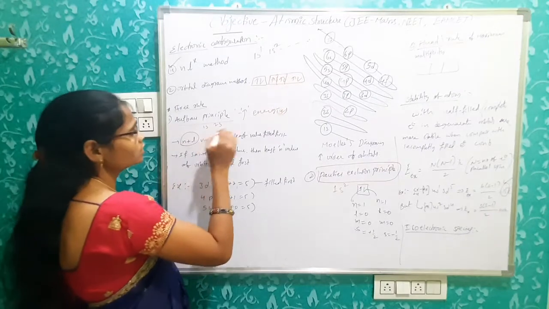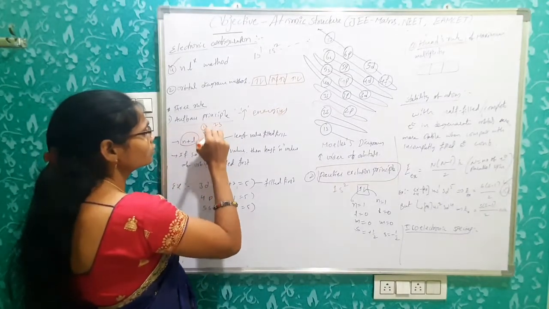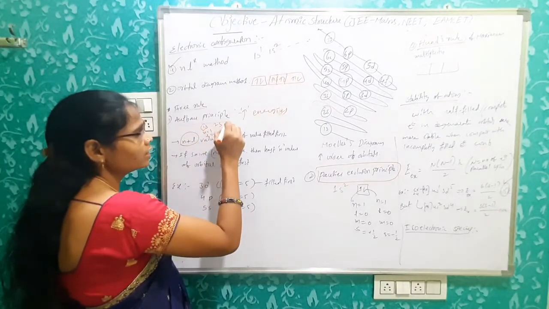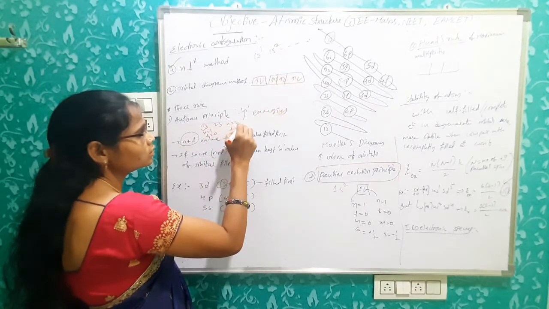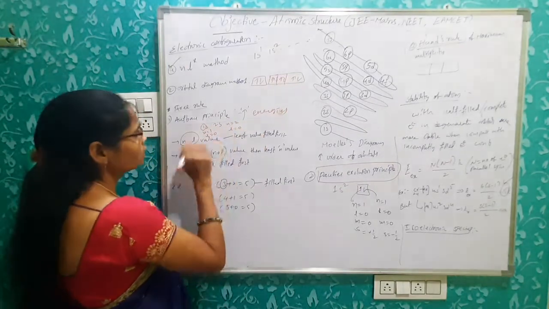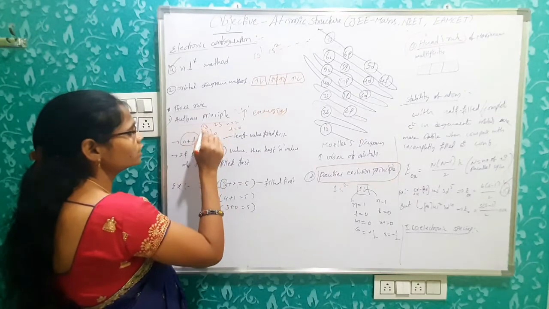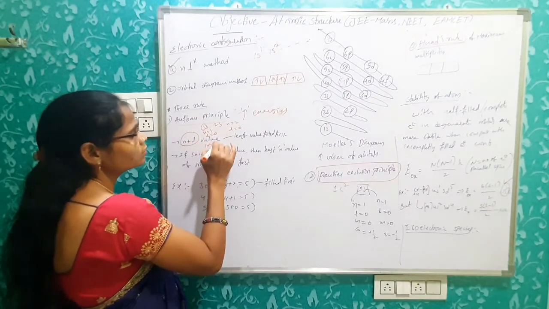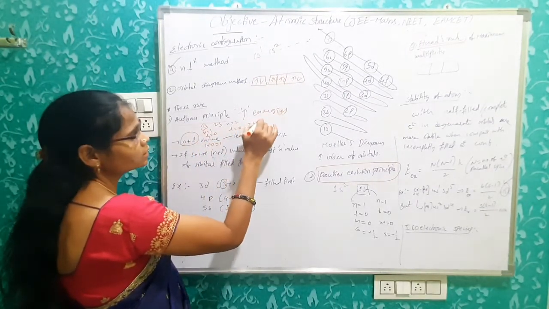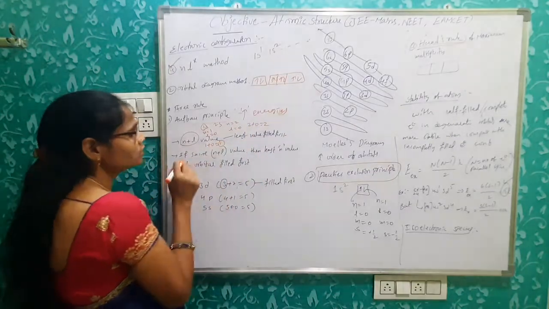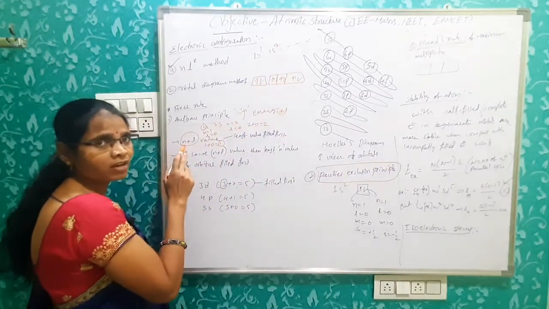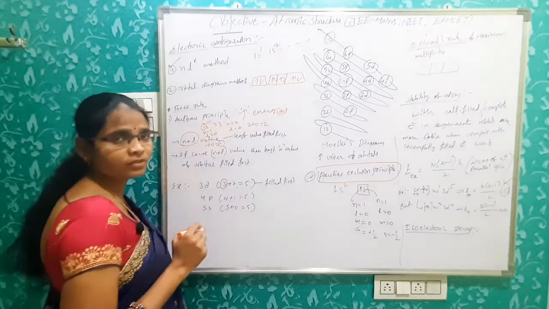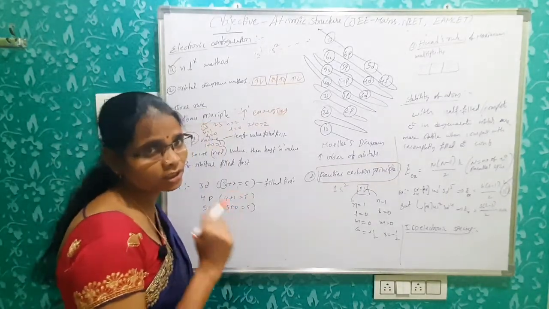Which is filled first? For 1s, n equals 1 and l equals 0. For 2s, n equals 2 and l equals 0. So the n plus l value for 1s is 1 plus 0 equals 1, and for 2s it is 2 plus 0 equals 2. Which is filled first? The one with the least n plus l value is filled first. So 1s is filled first, then the electron enters the 2s orbital.